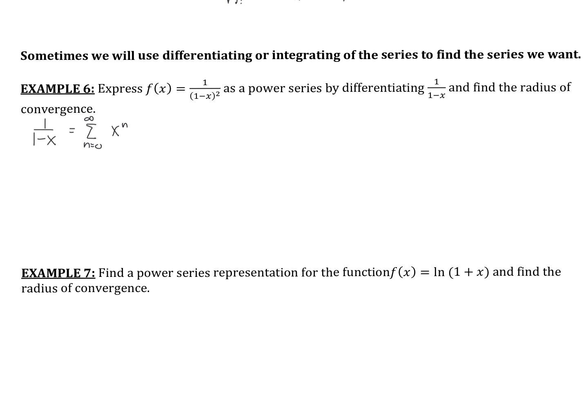And if I look at all my terms, if n is 0, x to the 0 is 1. If n is 1, we get x. If n is 2, we get x squared. If n is 3, we get x cubed, and so on. Do you agree with that statement?